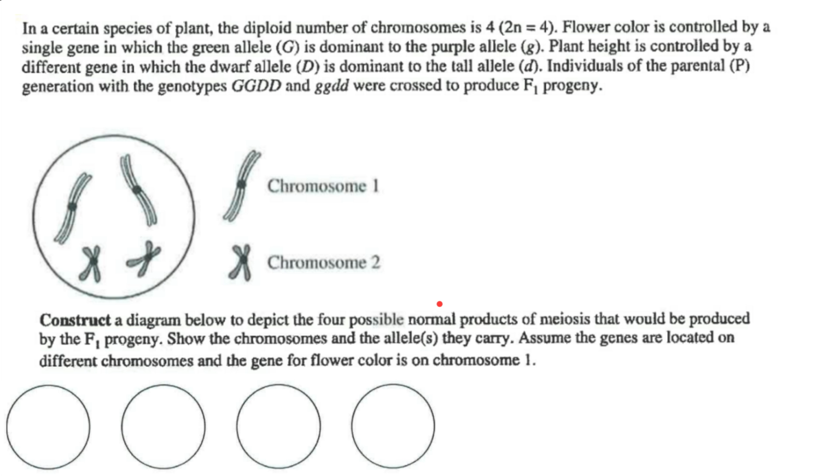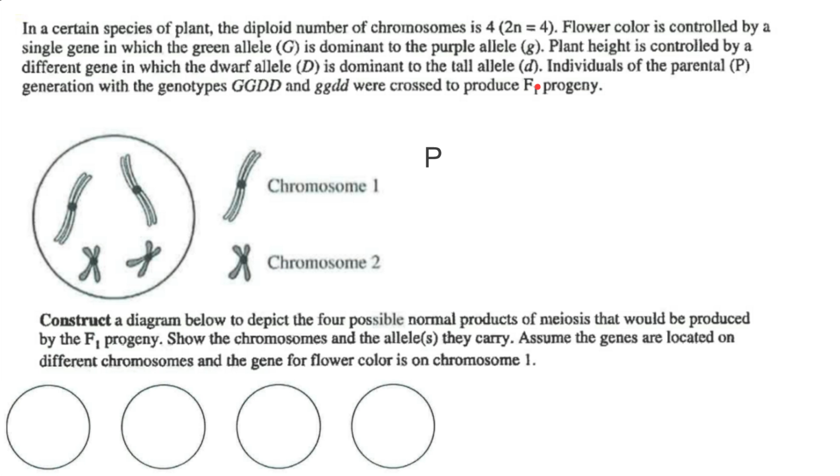Okay, so the question then, this first part, again, this was the setup. It gives you this picture. It says this is chromosome 1, this is chromosome 2. It talks about having F1 progeny, and it says let's first get this F1 progeny thing settled.